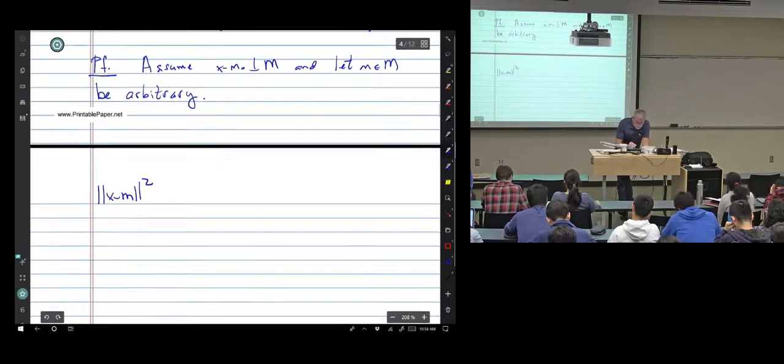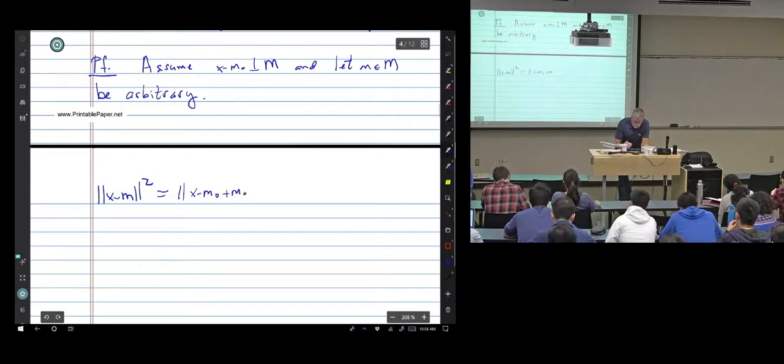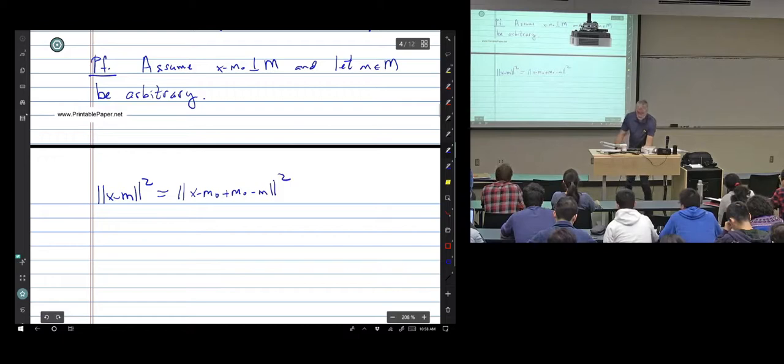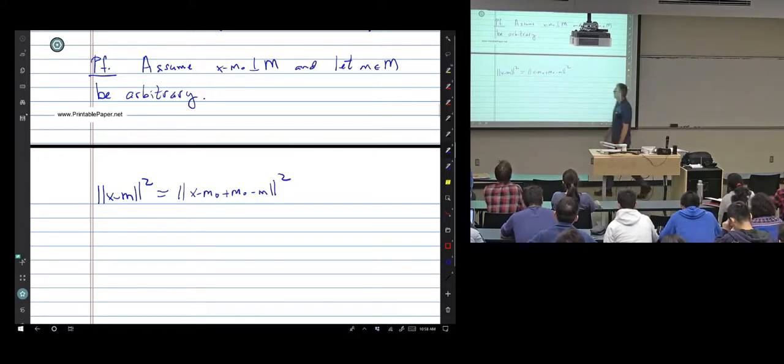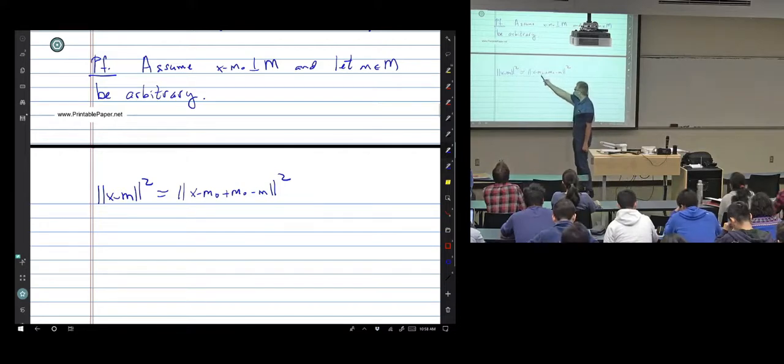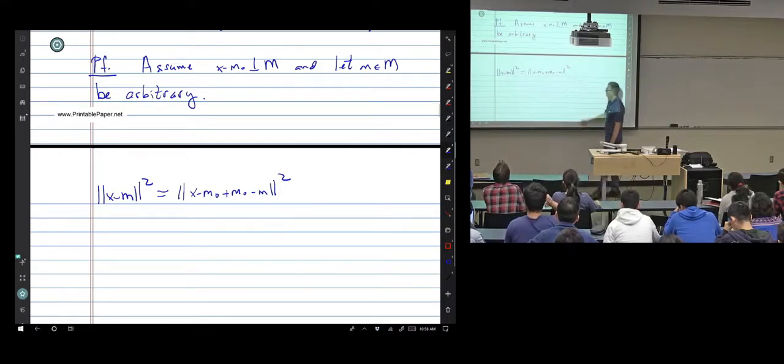Okay. So what I'm going to do is add and subtract the same thing. Okay, so here's M0 minus M0, those cancel. So X minus m squared is equal to this.